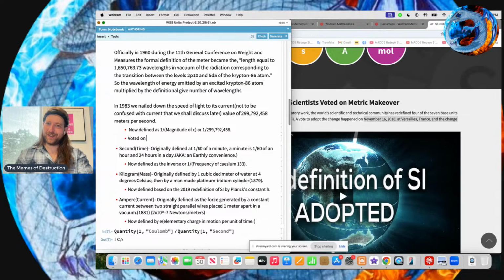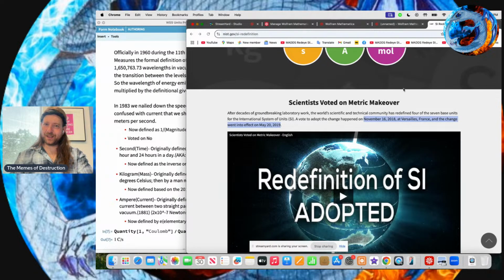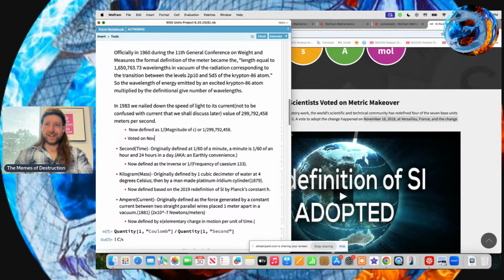Voted on November 16th, 2018, in Versailles, France, and adopted, when was it?